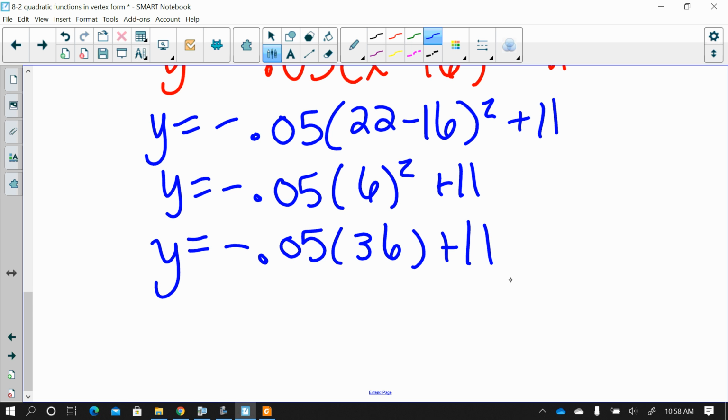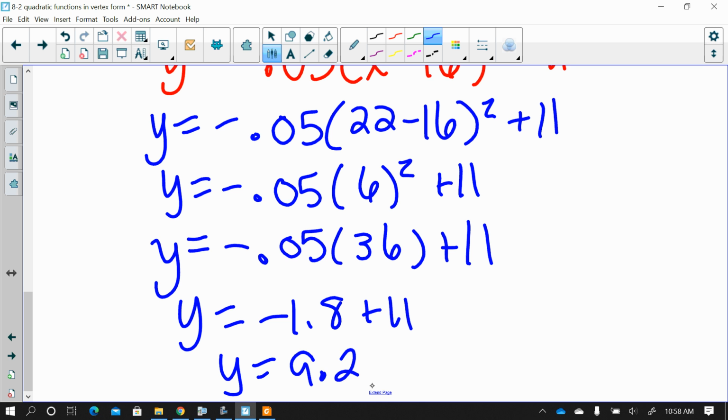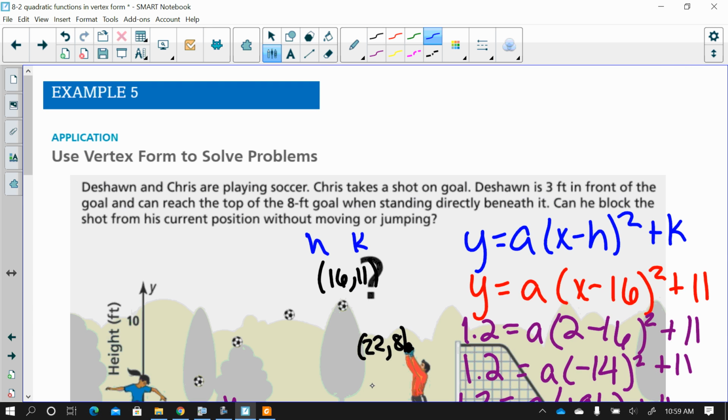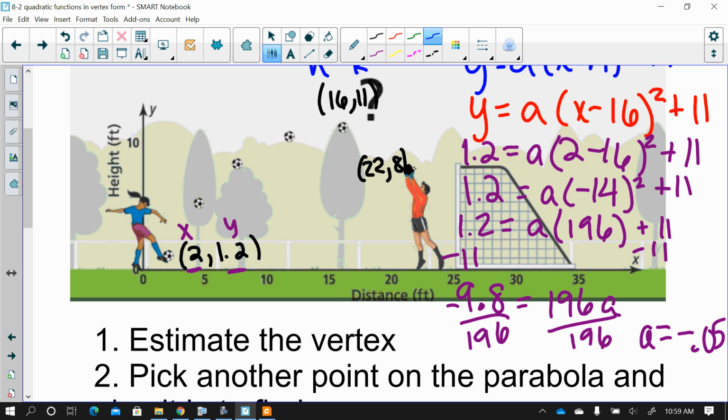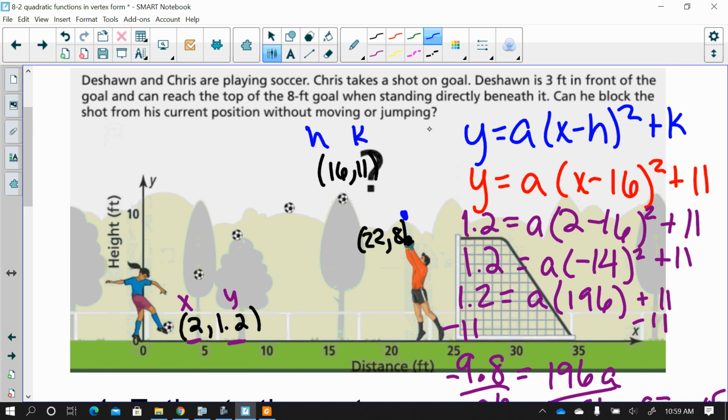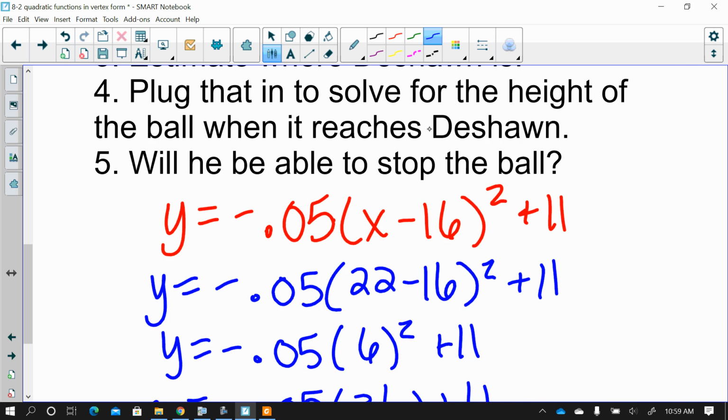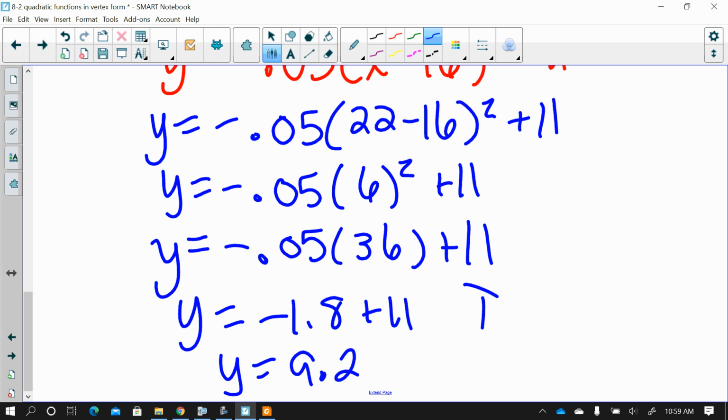So negative 0.05 times 36 is negative 1.8. Add 11. We get a height of 9.2. So that means when the ball gets to 22 feet, it's going to be at 9.2 feet high. Deshaun will not be able to block that because he can only reach 8 feet. Okay, so Deshaun cannot block the ball.